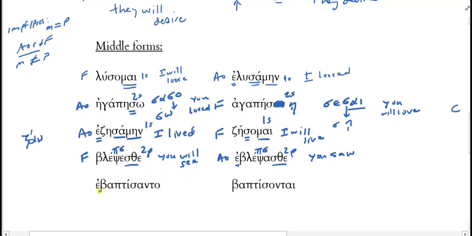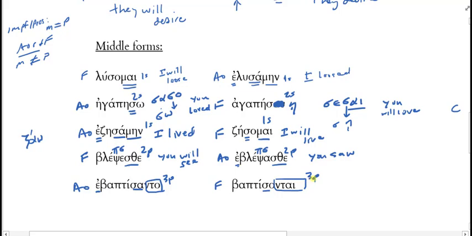Finally, I have ebaptisanto versus baptisontai. The epsilon and the sigma alpha tell me this is first aorist, augment and the plain sigma. The other tells me this is future. But I want you to notice as well, nto versus ntai. These are both third plural, but the first one is the secondary, third person plural, middle passive.